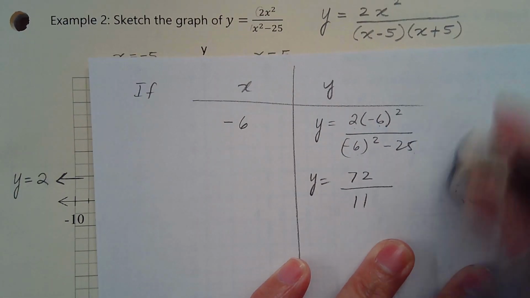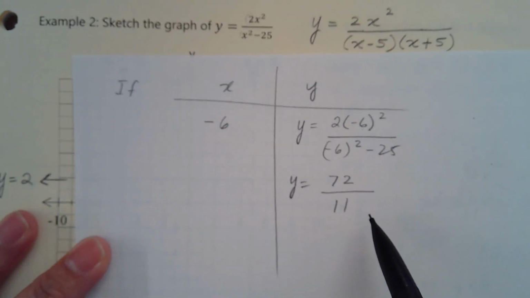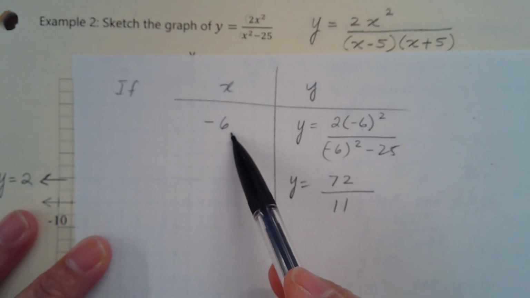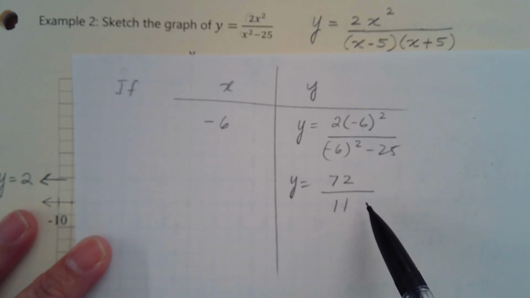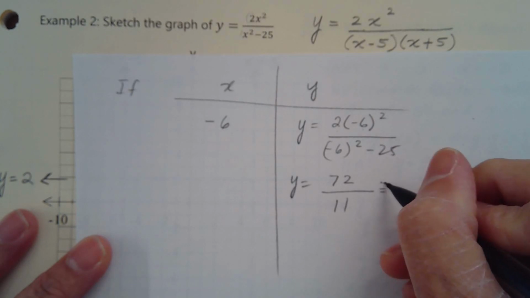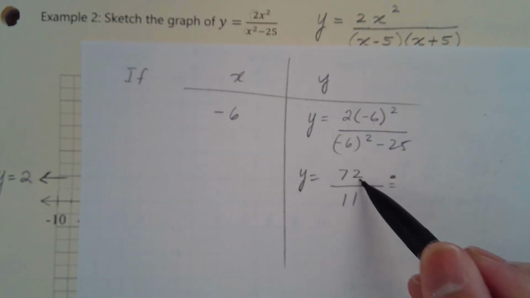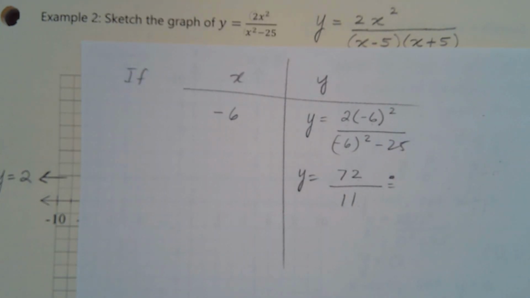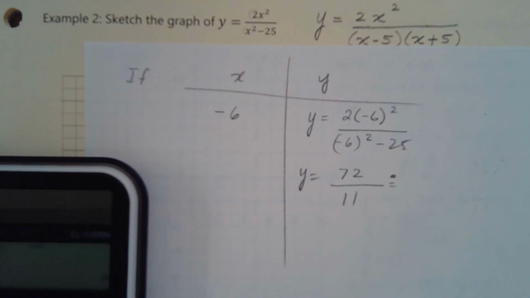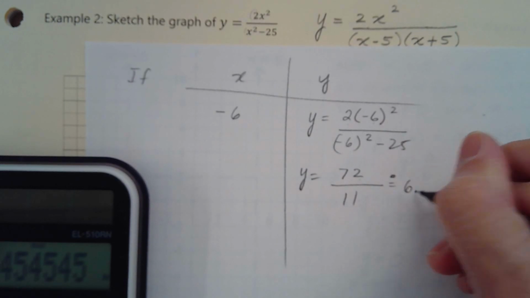Okay, so that means the point is at (-6, 72/11). Well, what's 72 over 11? This is going to be approximately, because if it's 77 over 11, that's 7, it's going to be 6 point something. So 72 divided by 11 is approximately 6.54.